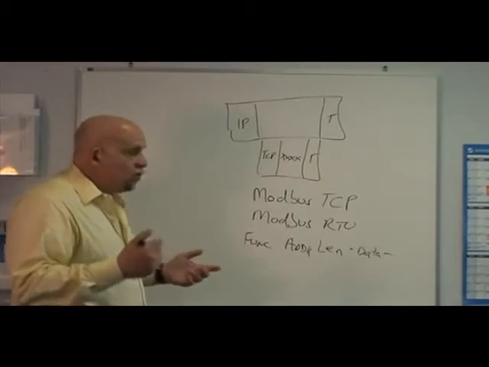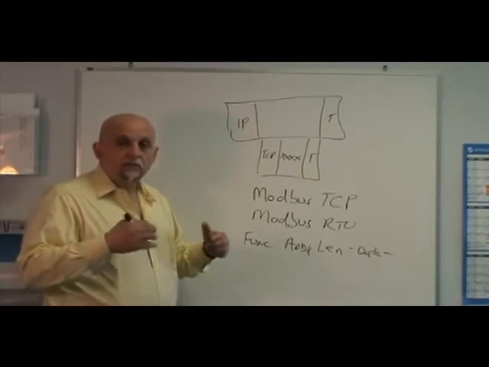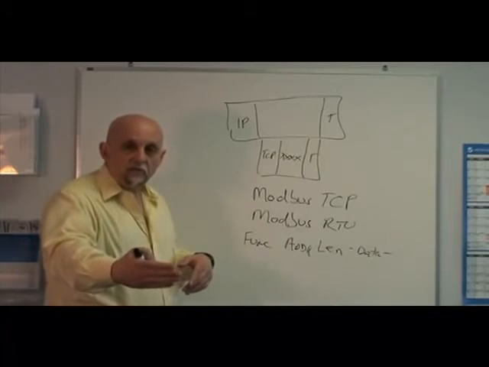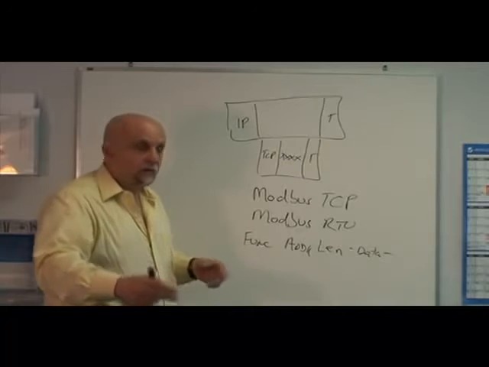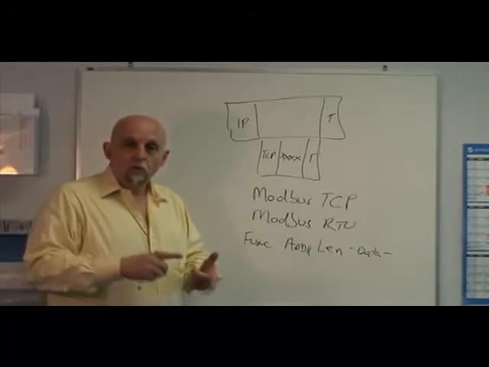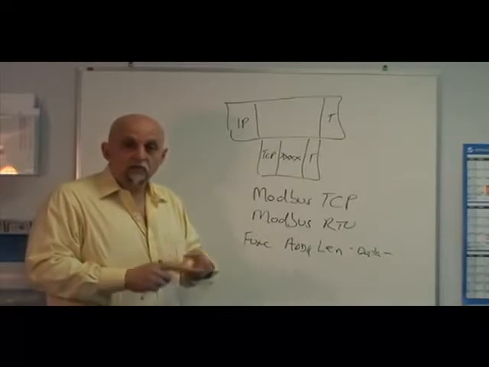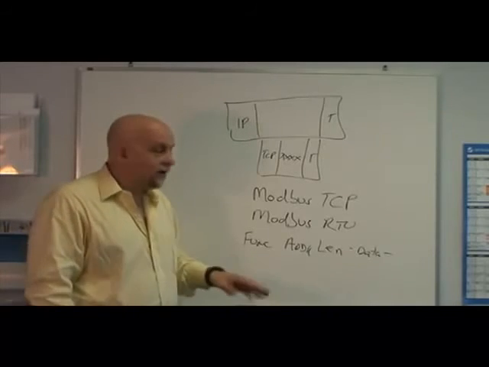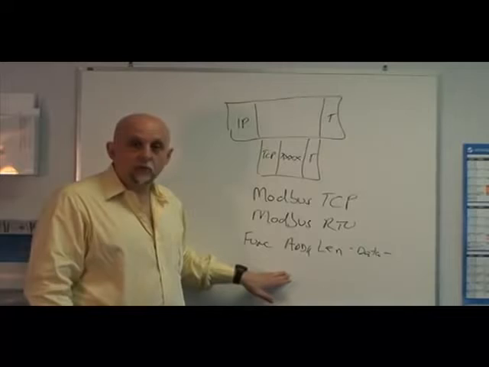So what this says is, the sender has to know what the data representation is for the device at the other end, and know what it has. Does it have registers or coils? How many of those does it have, and where are they located, so it knows how to form this message.